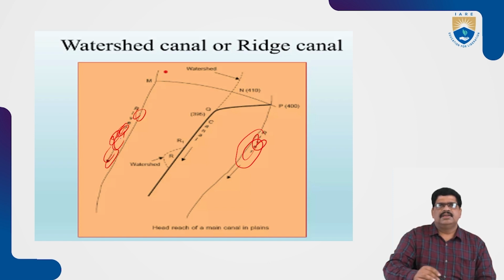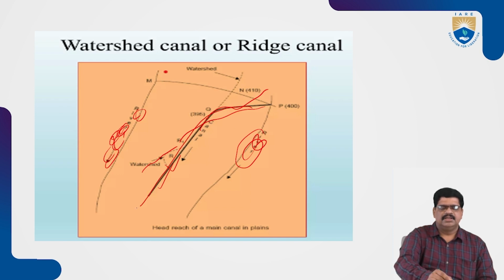Based on this, the ridge canal can be provided in between, along the watershed. It comes from the main canal. So that is the ridge type of canal provided along the watershed.